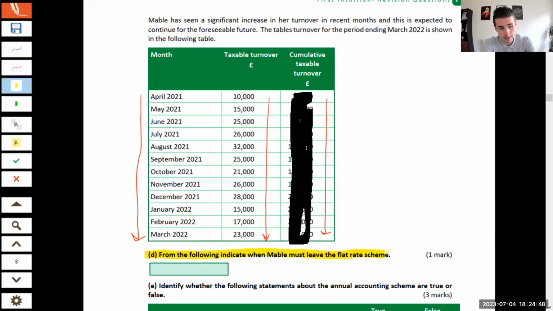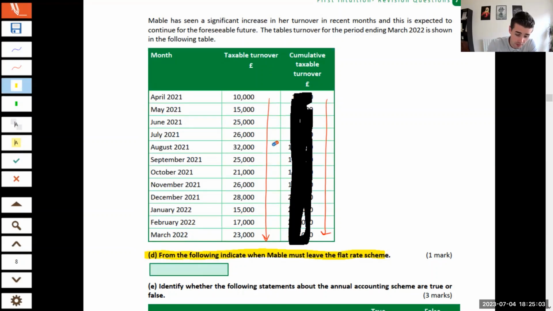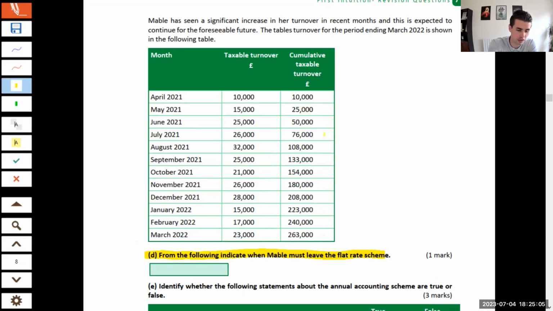Now, the reason that I think you'll have to work out the cumulative total yourself is if they give you the totals, it's as simple as just checking the reference material. So they will probably get you to do a little bit more legwork, okay? But for the purposes of this question, we have that total.